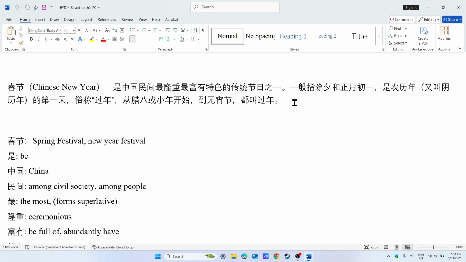Honestly speaking, I think every language in the world has some form of tense and some form of voice, so the Chinese language definitely has tense and voice, but the method to form the tense and the voice in Chinese is totally different from English. The fundamental difference is that in the Chinese language there's no word inflection.